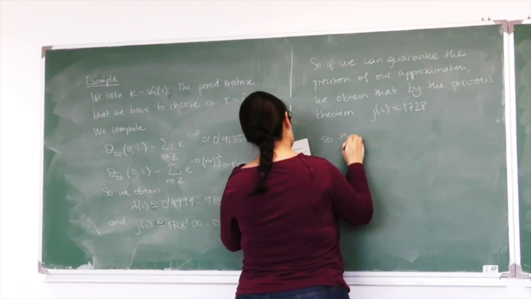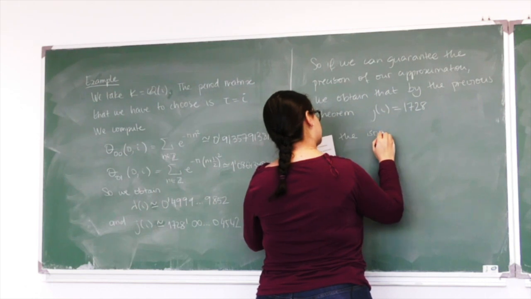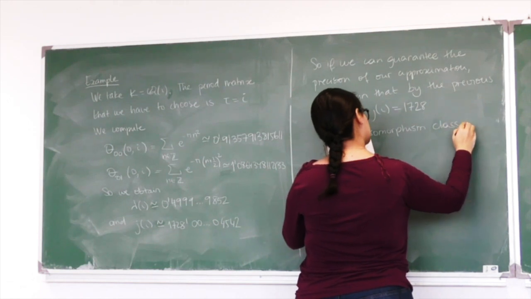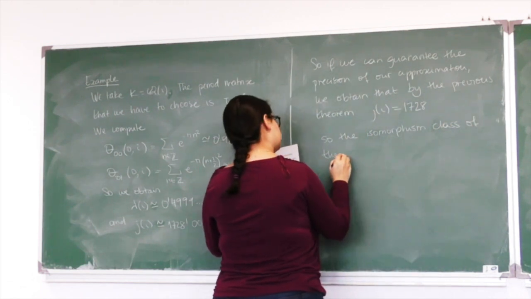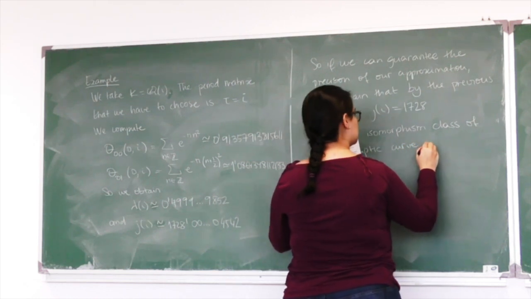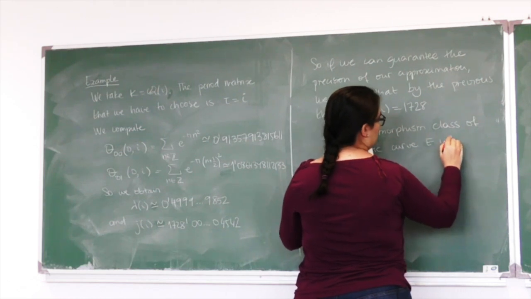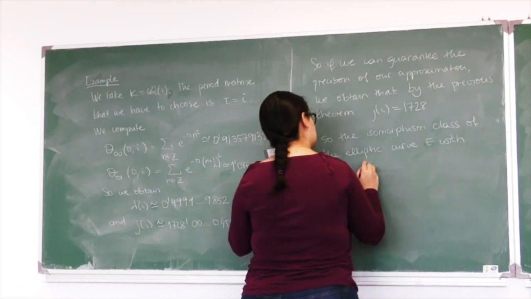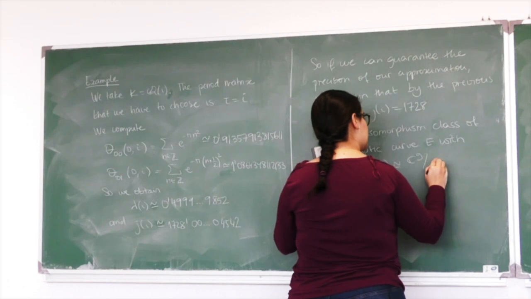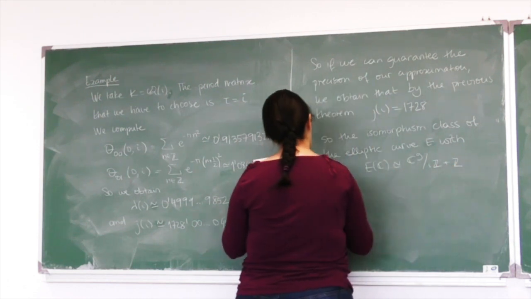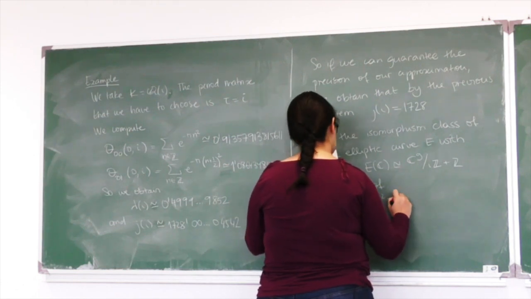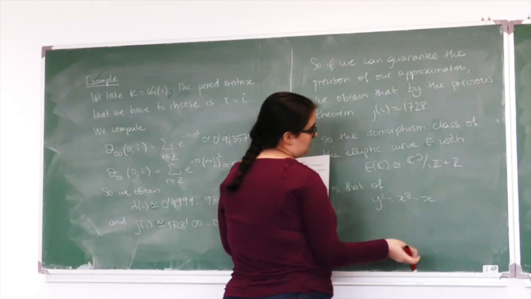So the isomorphism class of the elliptic curve E, with E(C) isomorphic to C modulo iZ plus Z, is that of y squared equal x cubed minus x.